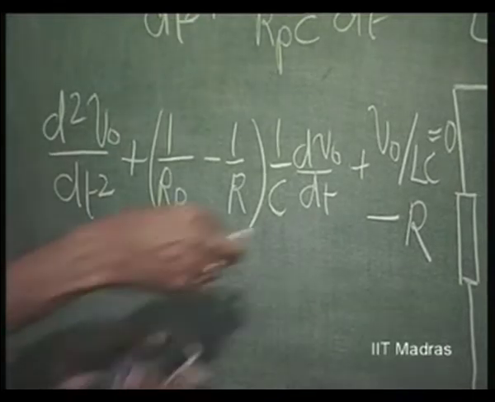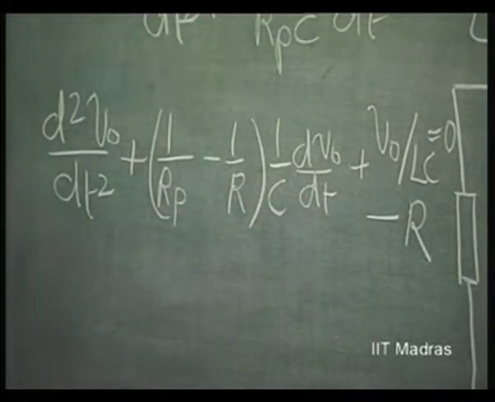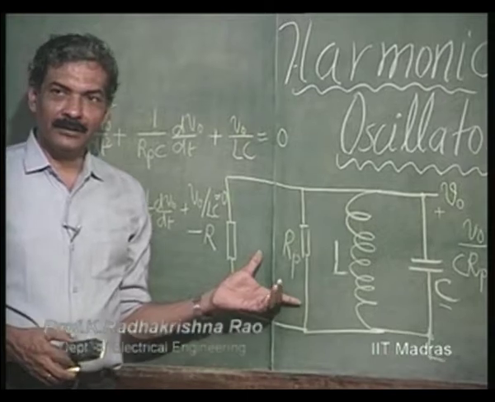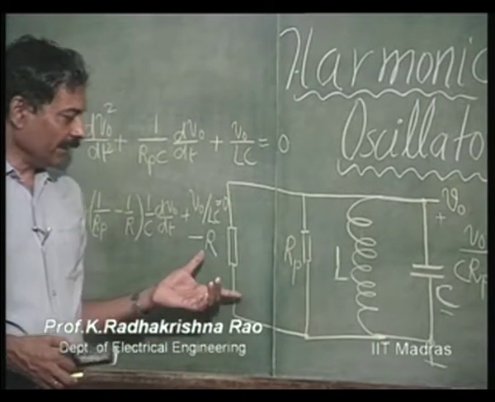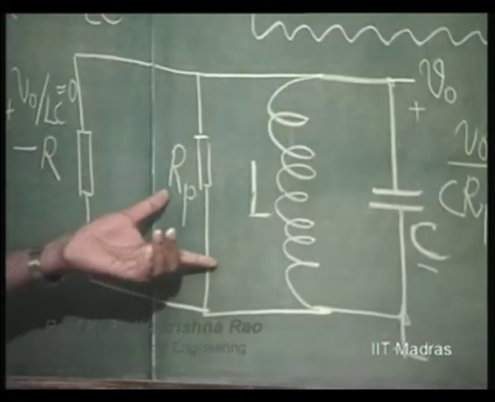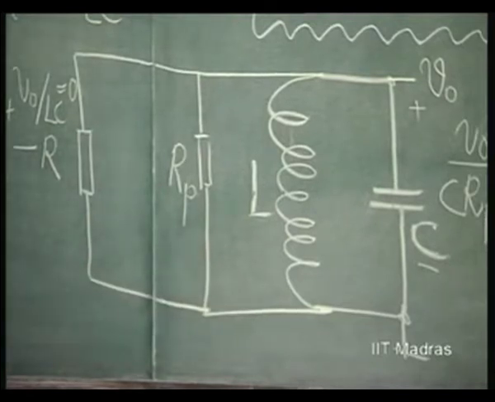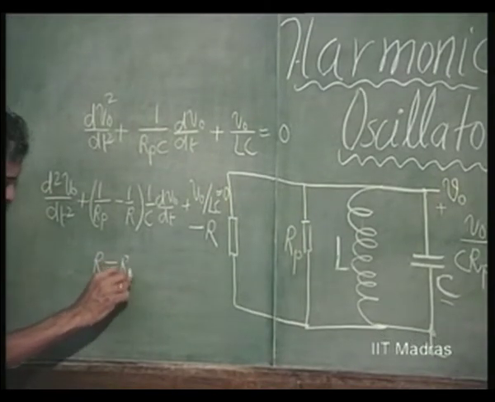So, I require a negative resistance to make the resistance equal to infinity. When will it happen? When R is equal to Rp. So, I make R equal to Rp.